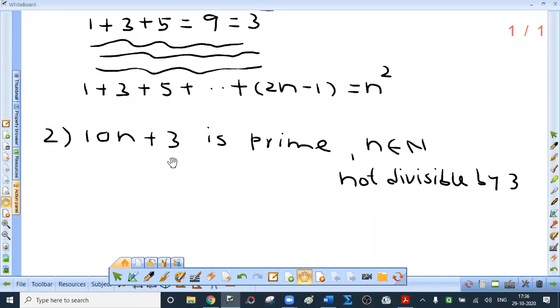But see, if n is 13, you get what? 130 plus 3, 133. Is 133 a prime number? No, it is not a prime number, right? It is divisible by 7. And therefore, this guesswork is wrong. Again, I'm saying that this is not the proof because here for n equal to 13, we could know that this is not a prime.